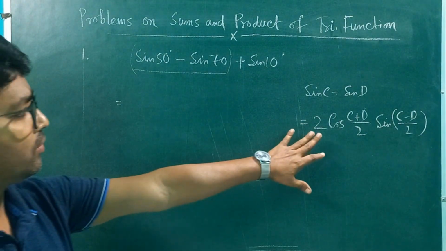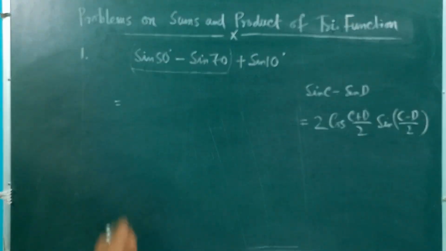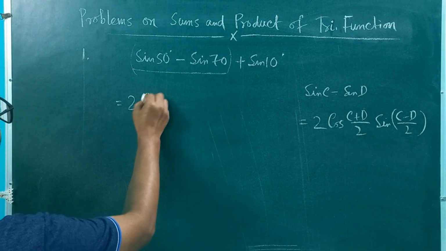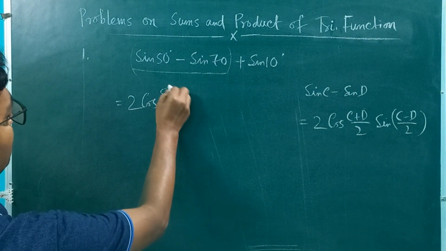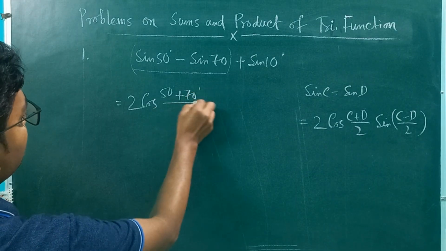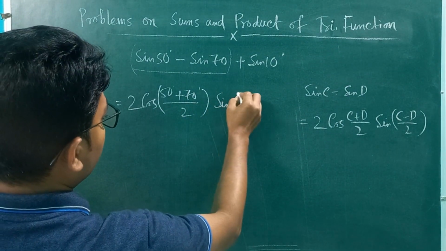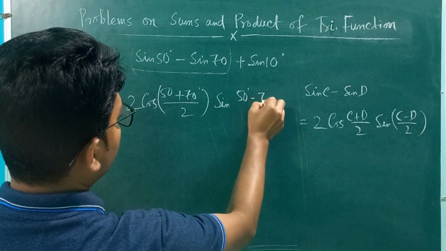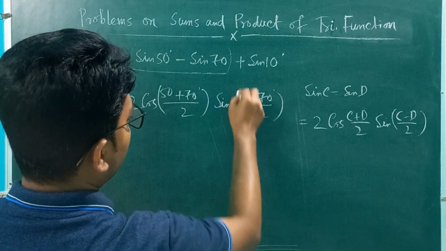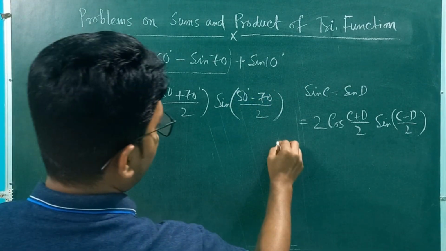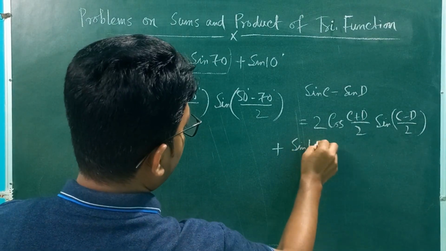So I will apply this formula on this structure. So this will be 2 cos of (c plus d) by 2 into sin of (c minus d) by 2, plus sin 10 degree.